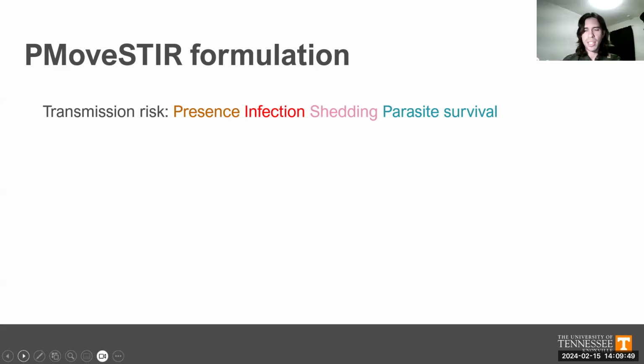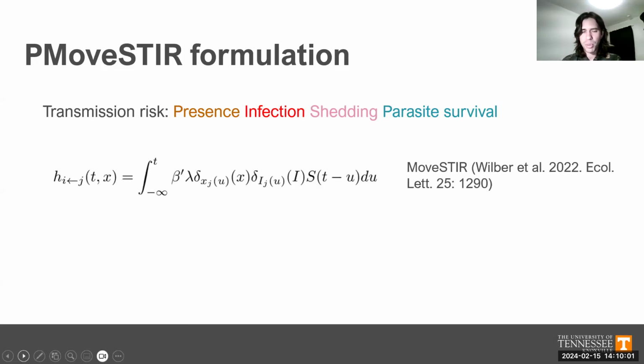You ask this for all possible past times, integrate that, and you obtain the force of infection for that particular location, for that particular pair. That's something that Mark Wilber, my supervisor, developed in a paper in 2022.